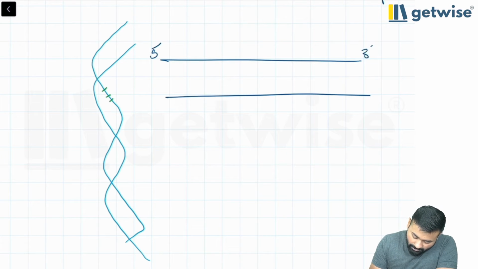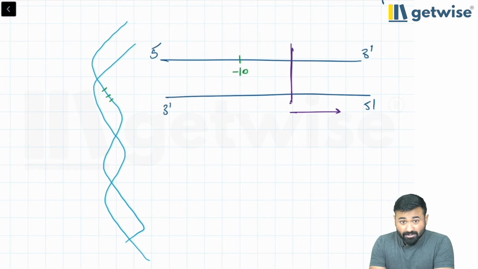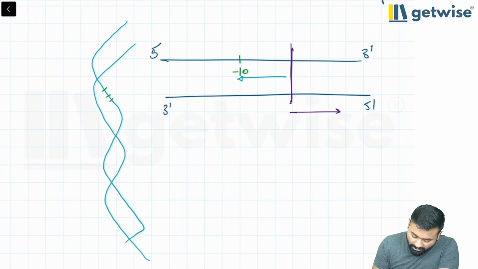Suppose this is the starting point. RNA will be formed away from it. On the -10 position, and what is this -10 position? It's a position that is 10 base pairs prior to the starting point. So if we count backward 10 base pairs, the position will be the -10 position.